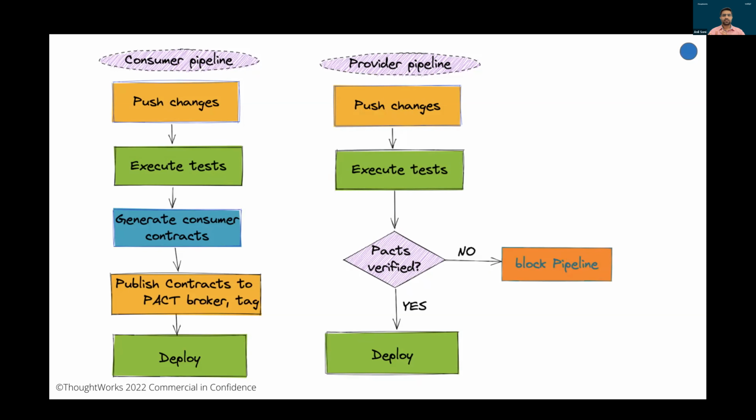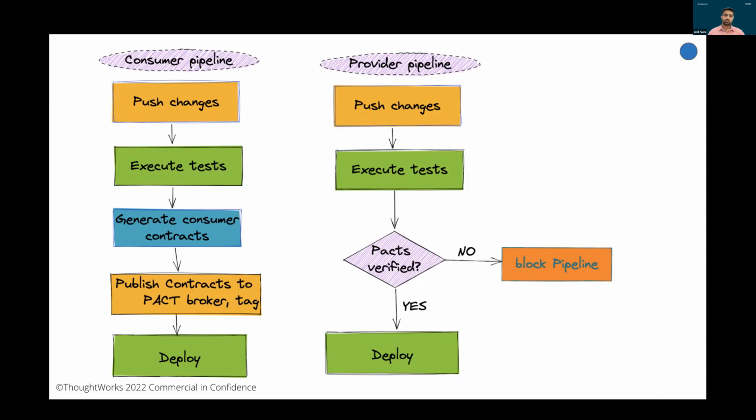Now on the right hand side, you can see the provider pipeline, which is responsible for verifying those tests. Once the code has been pushed by the provider, it executes those tests. During the execution, Pact will verify the Pact test. If it is verified, the same code will be pushed to the next environment, and there won't be an issue. But if it is not verified and the Pact fails, then the pipeline will be blocked.